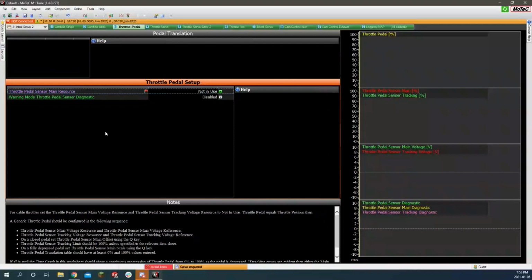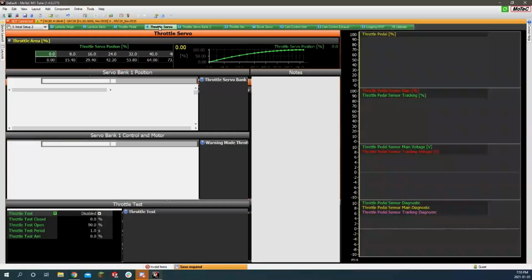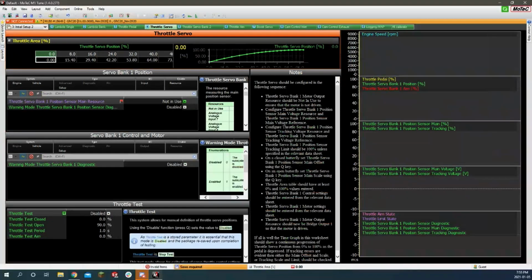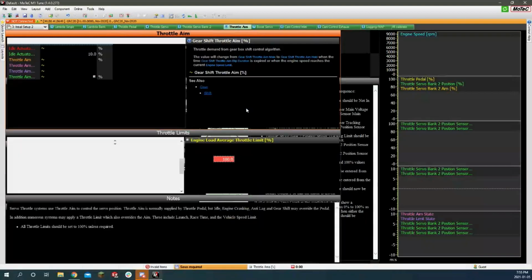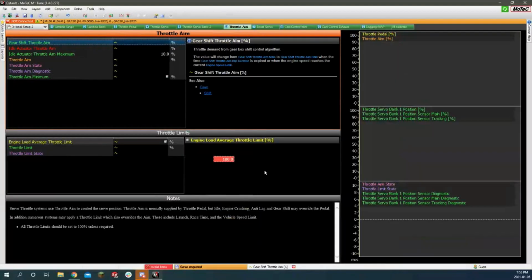So that's what we'll have to set up when we go to electronic throttle, which is super exciting, but also kind of a pain, because as you can see, this page about this servo that controls the throttle, this other page about the servo, this is for bank 2, so this wouldn't be applicable to us because we only have one cylinder. And all this has to be configured.